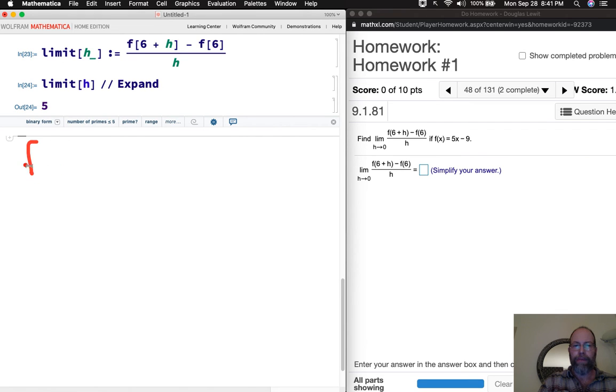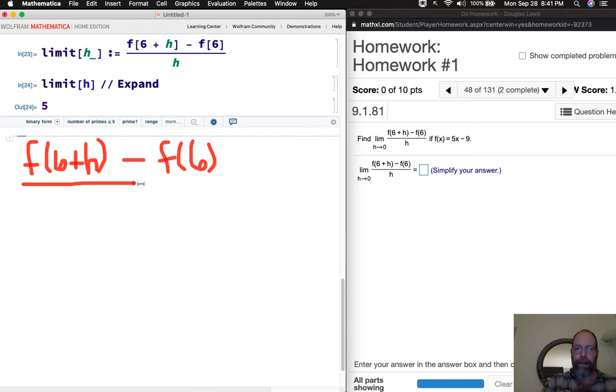We have f of 6 plus h minus f of 6, divided by h.